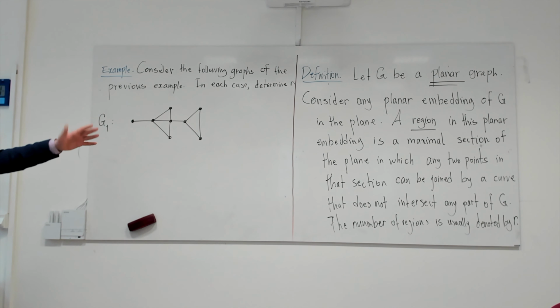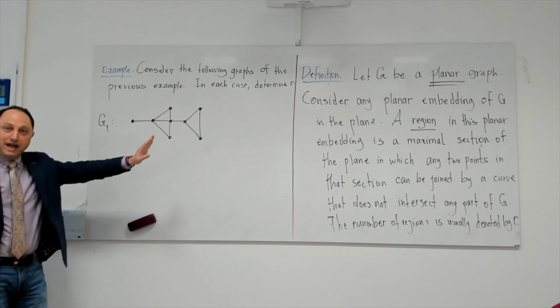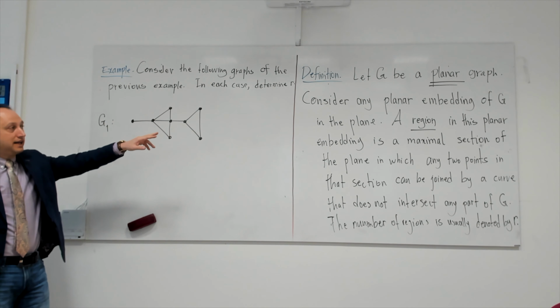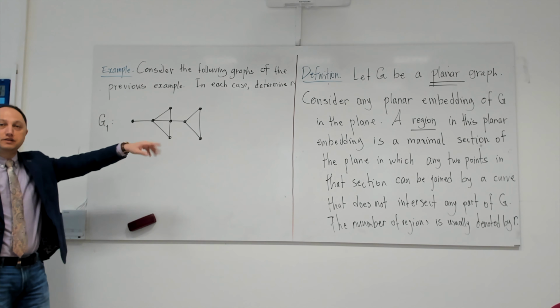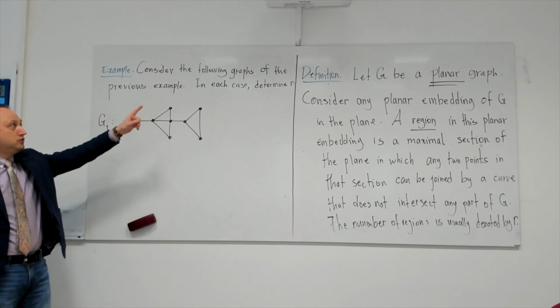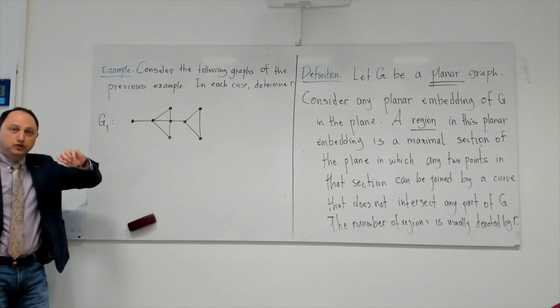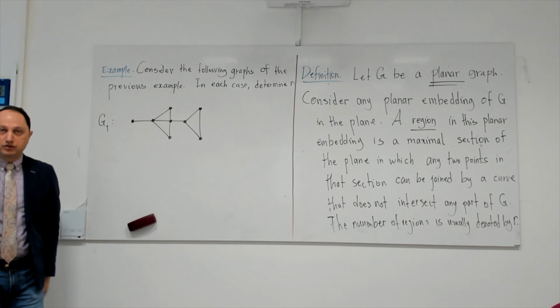First of all, if you are sure that your graph is planar, only in that case does the notion of region make sense, because the notion of region is only defined for planar graphs. And for planar graphs, if you want to know the regions, first of all you need to have a planar representation, an embedding, of your graph.